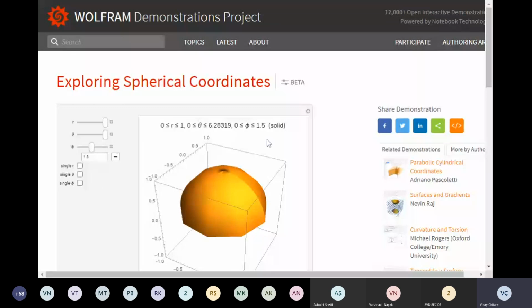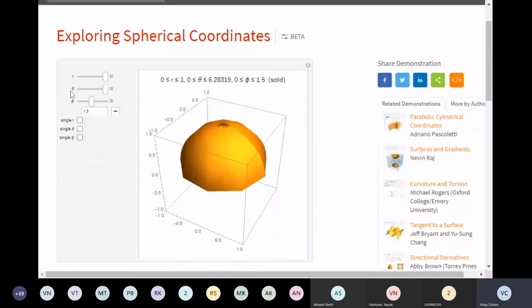There is one small change in the convention. We know that theta varies from 0 to pi, and phi varies like a circle, 0 to 2 pi. But here the convention is exactly opposite: theta varies from 0 to 2 pi and phi varies from 0 to pi.